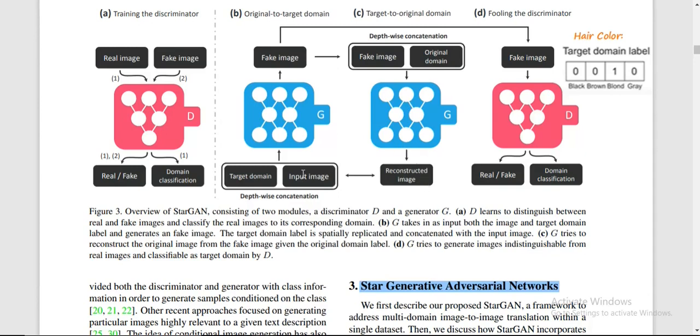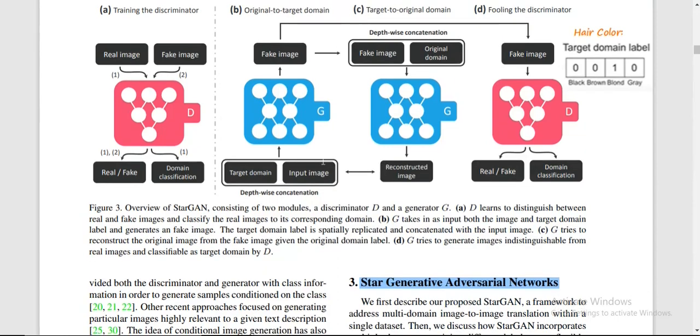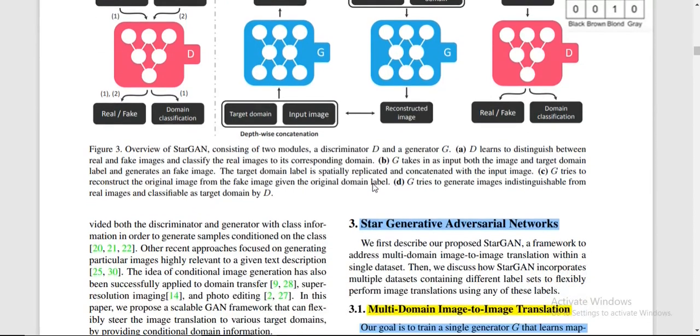We take the reconstruction loss between the input image and the reconstructed image. So why? Because it has to maintain some identities from the original image in the target image, and that is the other extra thing they do for the proper output and proper working of the generator, right?